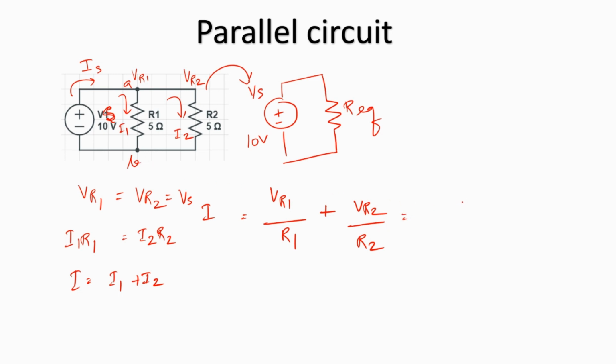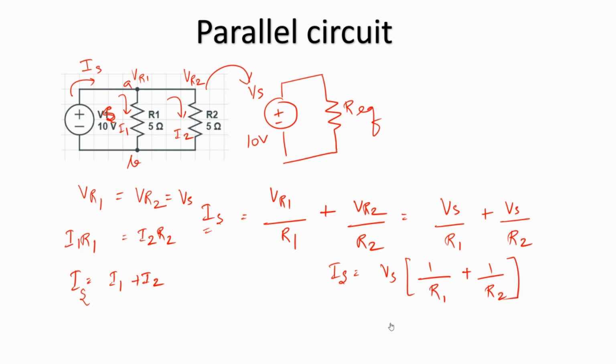So I can replace them, VR1 and VR2, with Vs. So I'll get Vs by R1 plus Vs by R2 is equal to Is, according to this circuit. So I can write Is is equal to Vs times 1 by R1 plus 1 by R2.